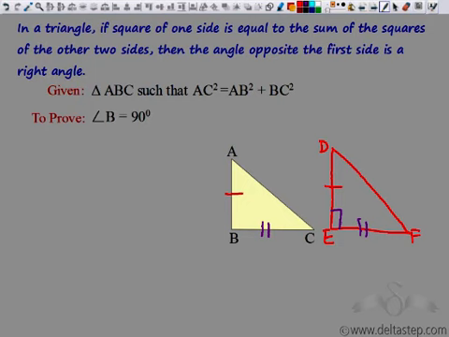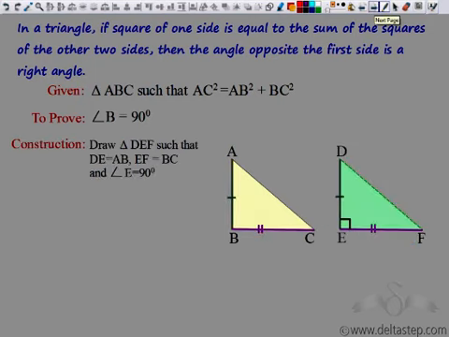So I make a triangle in such a way that AB is equal to DE, BC is equal to EF, and angle E is 90 degrees. Now, since angle E is 90 degrees, I know this is a right angle triangle. If this is a right angle triangle, I can apply Pythagoras theorem here.